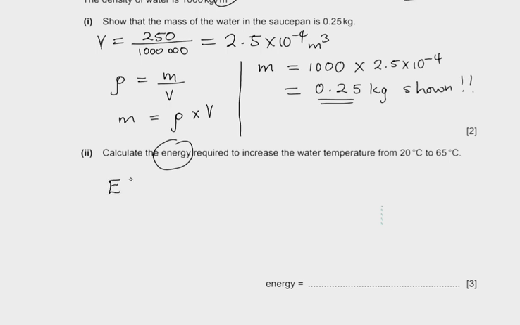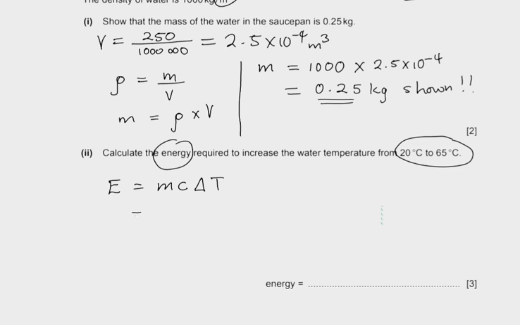So energy is equal to mass times specific heat capacity times change in temperature. Since our specific heat capacity is in degrees Celsius, there is no need for us to convert these temperatures to the thermodynamic temperature, which is the Kelvin.